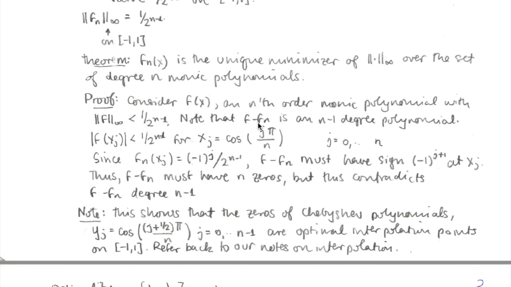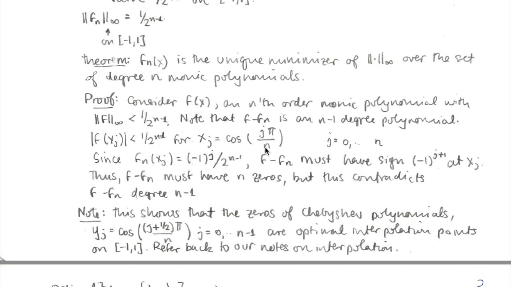So then I'm going to look at the difference between the scaled Chebyshev polynomial and this new contender. Because they're both monic, the nth order term cancels out, and the difference is an n minus 1 degree polynomial. And I know that at every point x, this new thing, which I'm going to show can't exist by contradiction, has to have absolute values less than the one that the Chebyshev polynomial has.